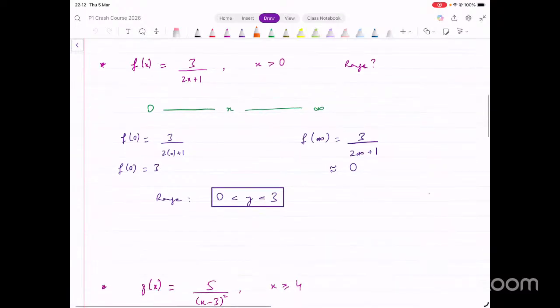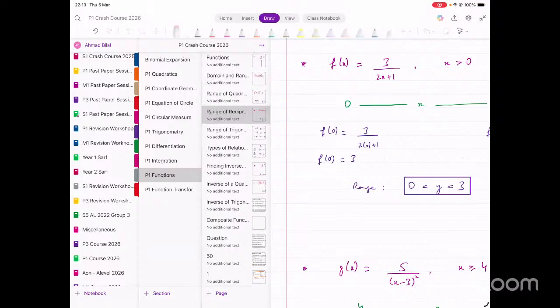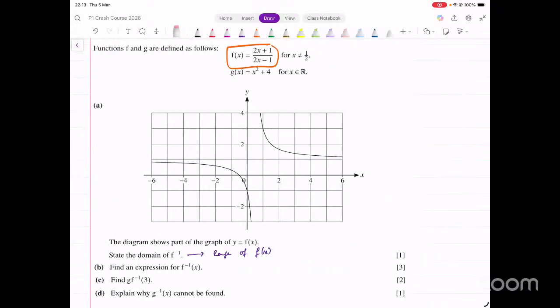So we said if it comes, they will give you a domain like this in which you'll look at the endpoint, see what happens at the endpoints, and based on that, you can write down the range. Except if they give you a graph themselves, and that's the case that we have here. They have given us a graph in the question themselves. So we can just look at the graph and see what the range is going to be.